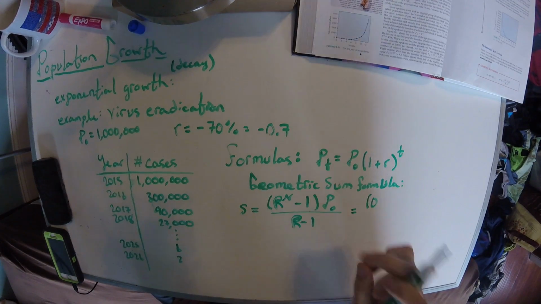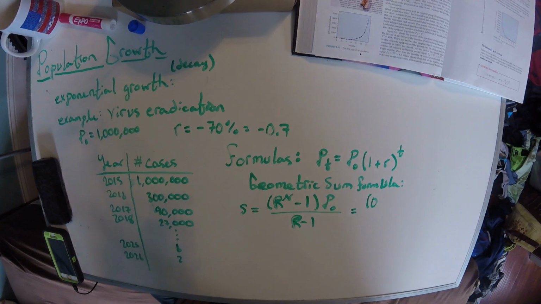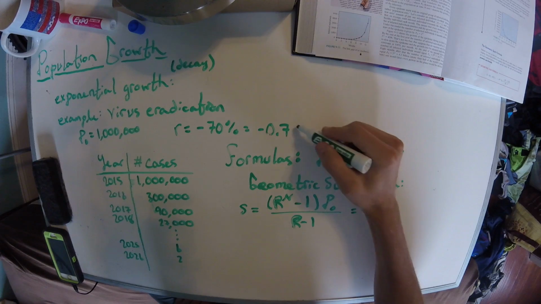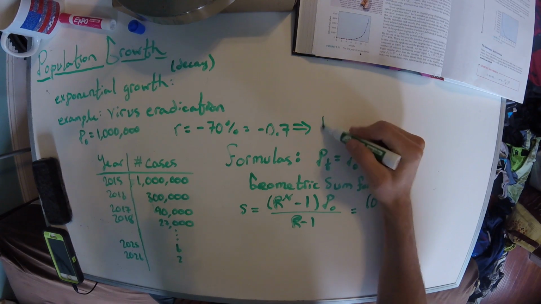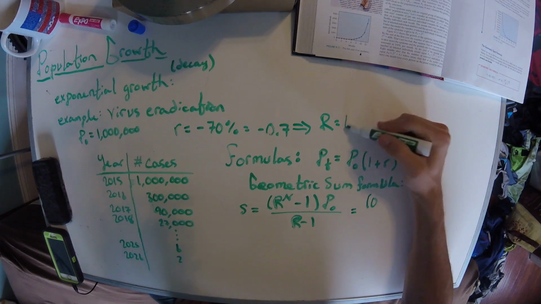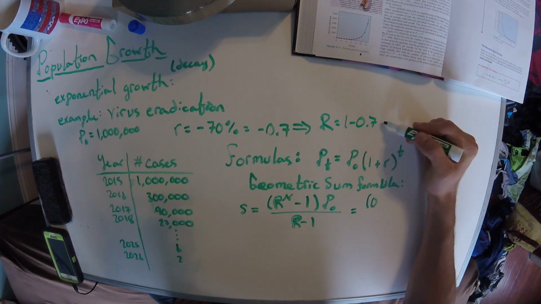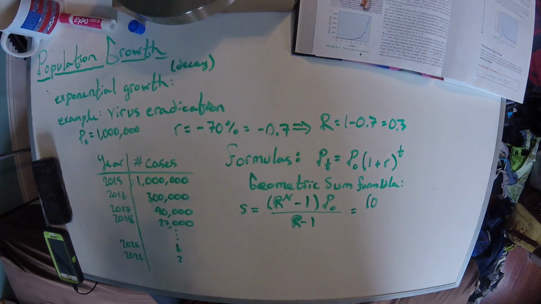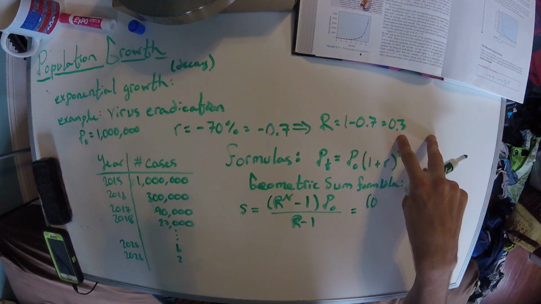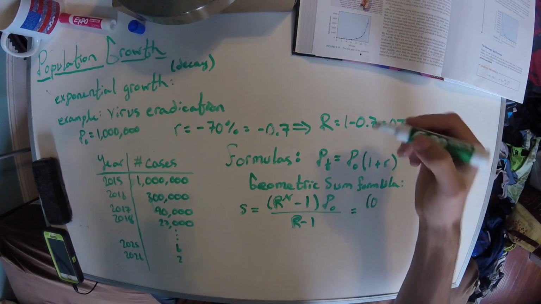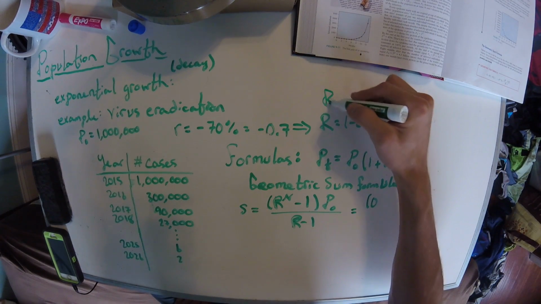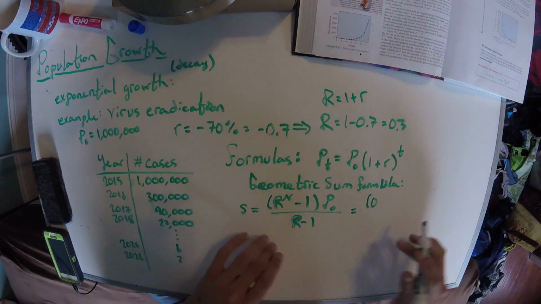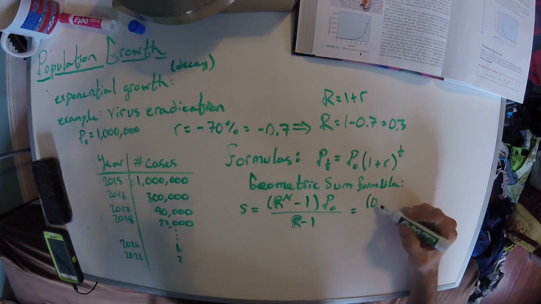Little r was negative 0.7, and big R is equal to 1 minus 0.7, or 0.3. That's the important piece there: big R is equal to 1 plus little r. Okay, so with that, moving forward, this is going to be equal to 0.3.